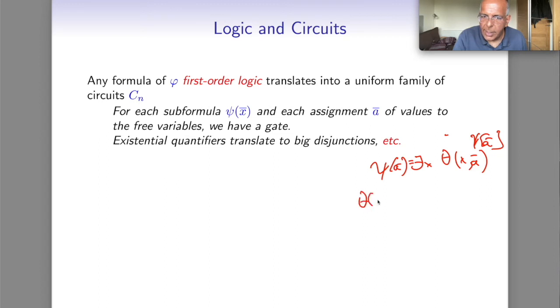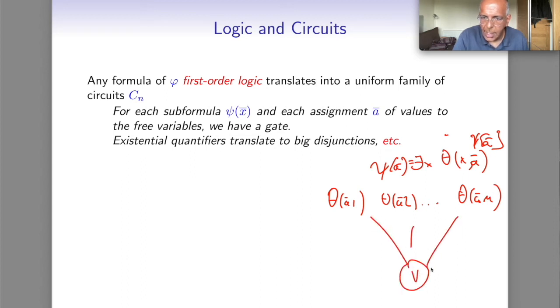We will have theta a bar 1, theta a bar 2, and so on up to theta a bar n. And we take a big disjunction of these. And this will be our gate psi a bar, right?